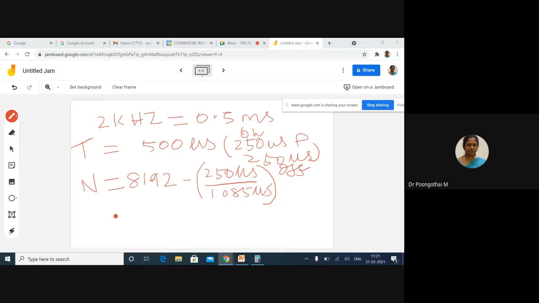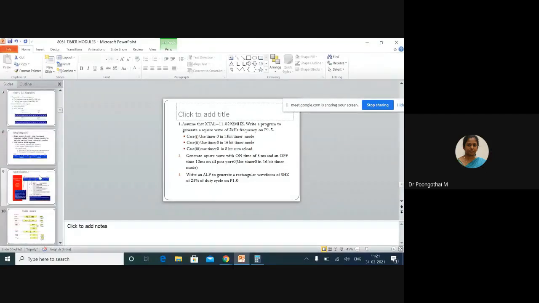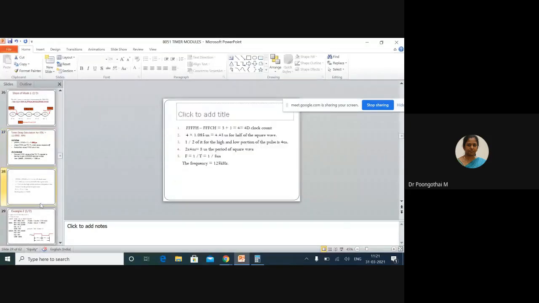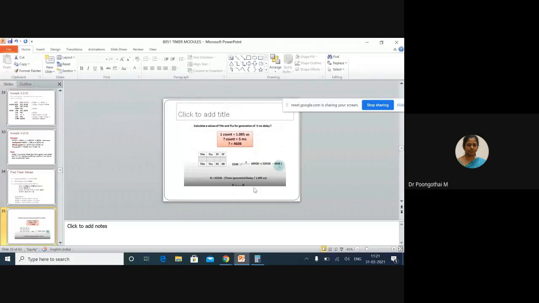Ma'am, for calculating the n value, why are we using 8192? For 13-bit timer, this is the maximum value. Okay, ma'am. Refer to this table, the first table. This is the formula I explained last class to calculate the initial value of the timer: maximum value minus timer generated delay divided by 1.085 microseconds.